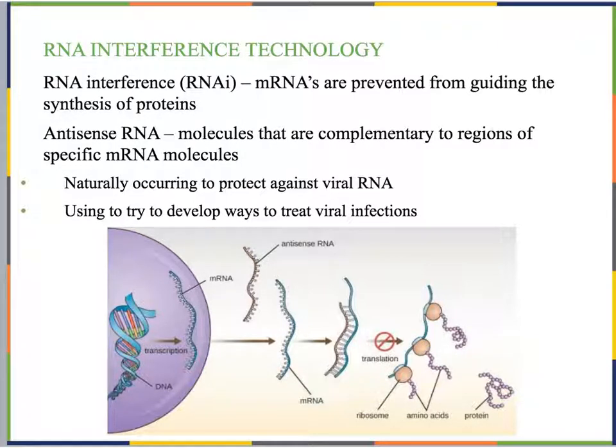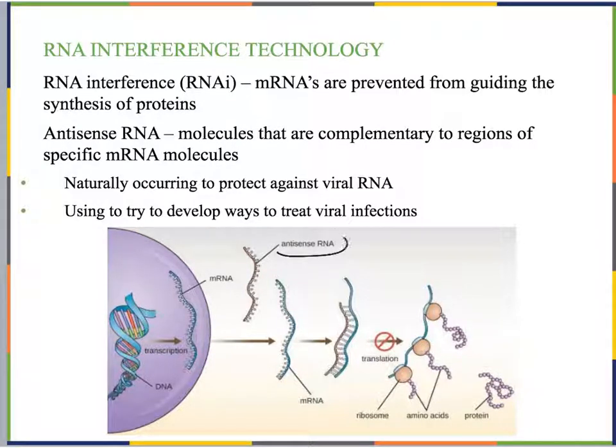It naturally occurs. And this is where we have different mRNAs that are going to attach to an mRNA that's being transcribed, and it's going to prevent it from being translated into proteins. So these mRNAs are prevented from guiding the synthesis of proteins. What's going to attach to it is the antisense RNA.